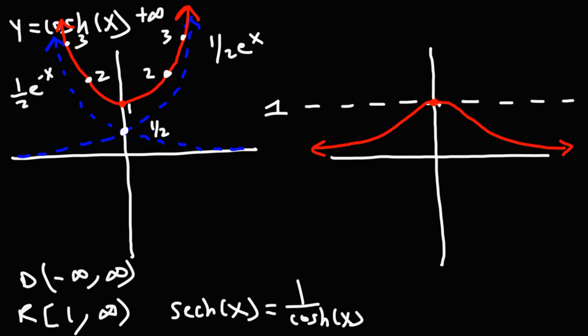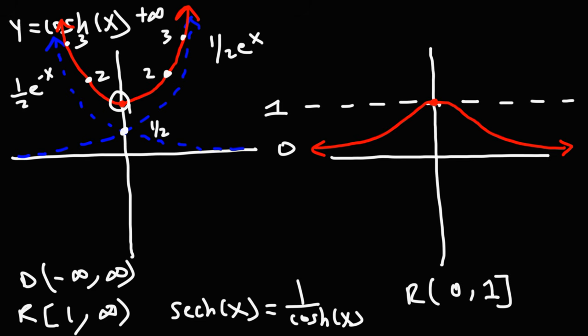But for unmodified hyperbolic secant, the range is going to be from negative, actually, hyperbolic secant doesn't go below y equals 0. So the range is going to be from 0 to 1. Now 1 is included.